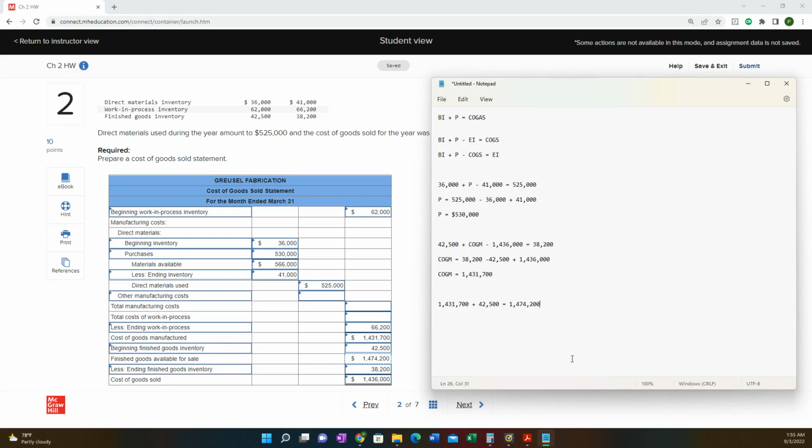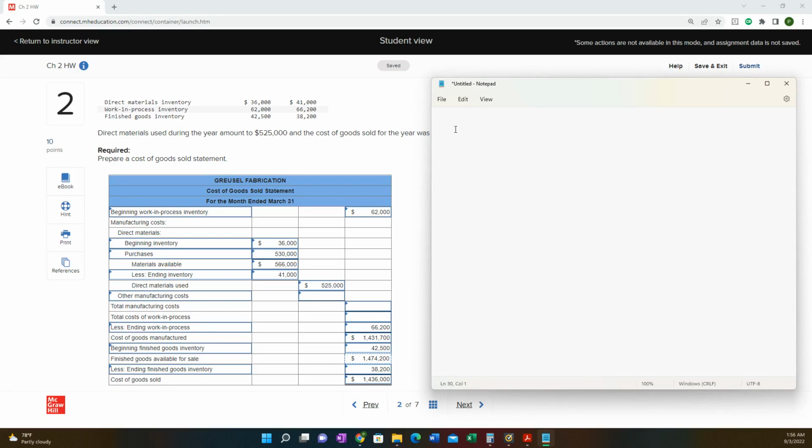So for the third time, we're going to use our formula with the 4 variables. For work in process inventory, our beginning inventory is $62,000. We don't know what our total manufacturing costs are.